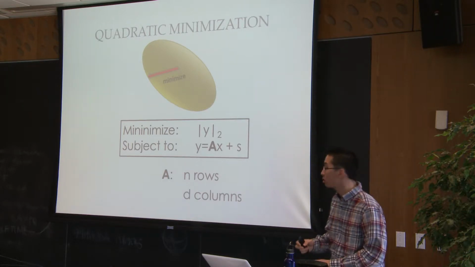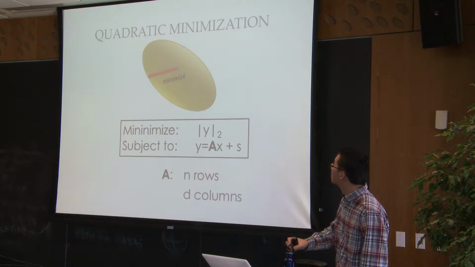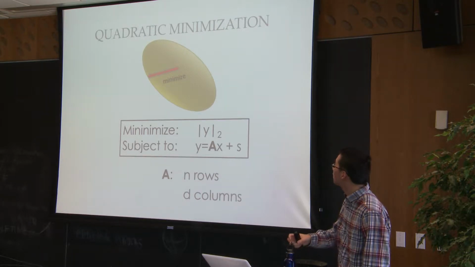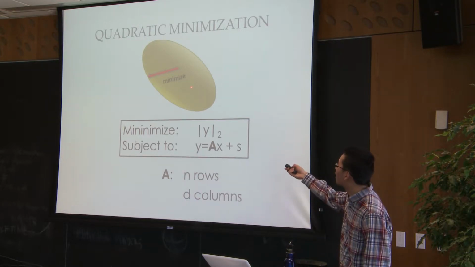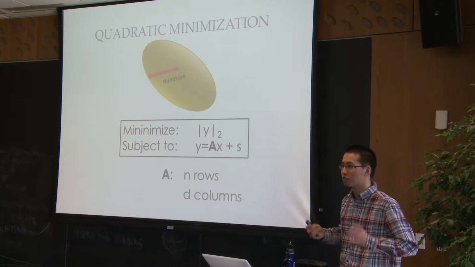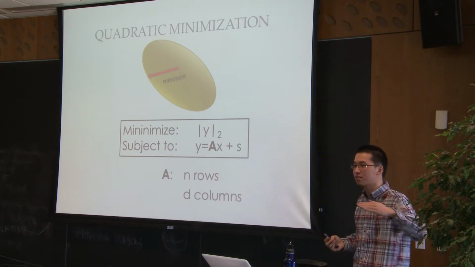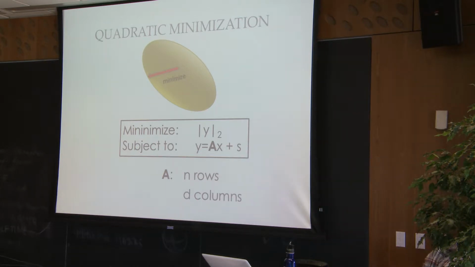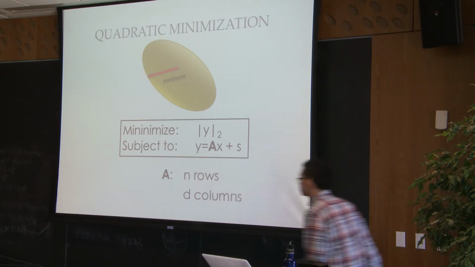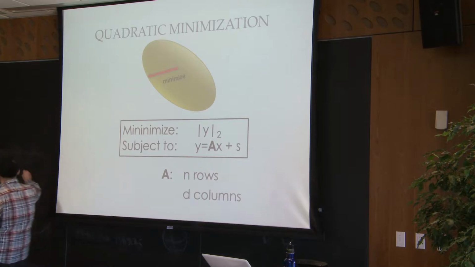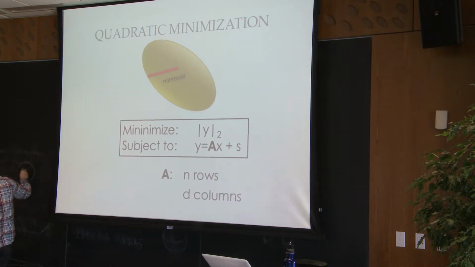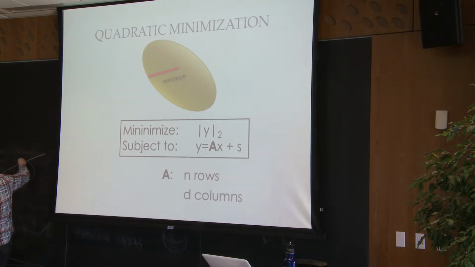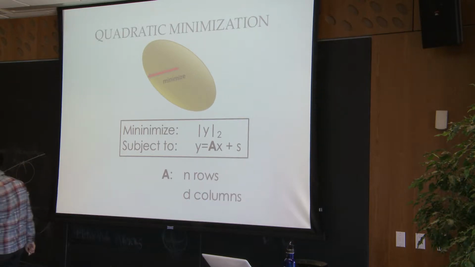How come that's an ellipse instead of a sphere? Oh, so I think I'm drawing this in x instead of y. The other picture you can draw here, the more correct picture, is that I have a ball, and I have just some subspace, and I want to find the closest distance to it.